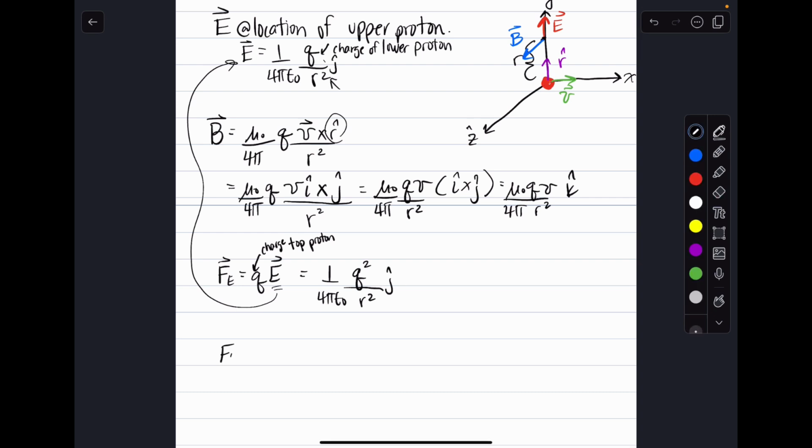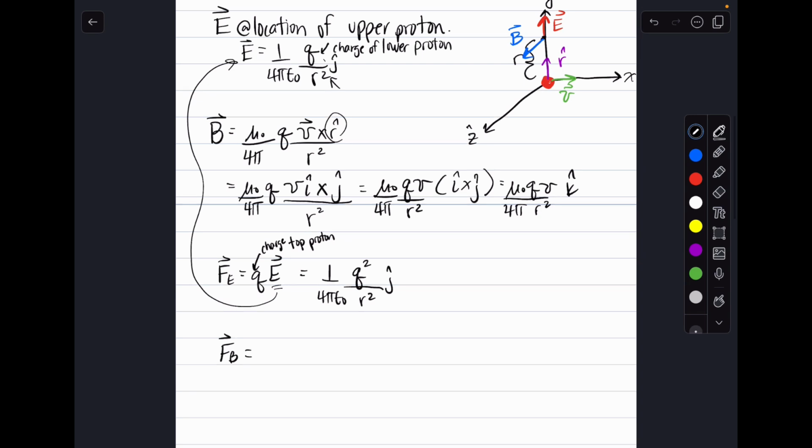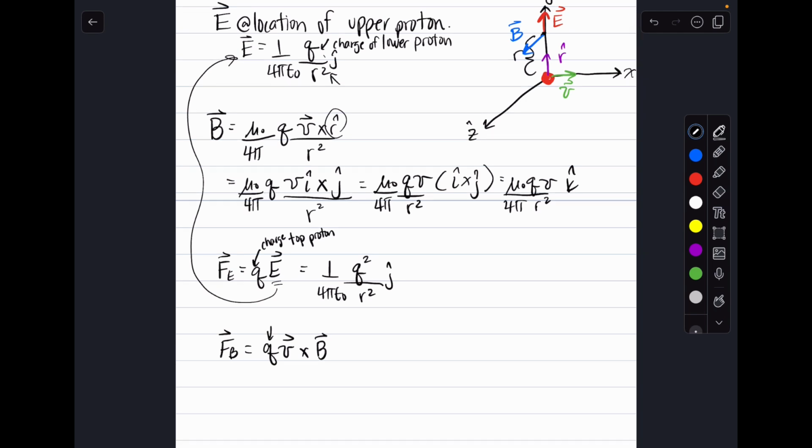So what about the magnetic force? Well, we're going to have to go back to chapter 27. Remember, magnetic force is not like the electric force where you just multiply it by a scalar. You actually have to do a cross product to find the magnetic force. And so what are the elements of this cross product? Well, this is going to be the charge of the top proton, because he's the one feeling the force.